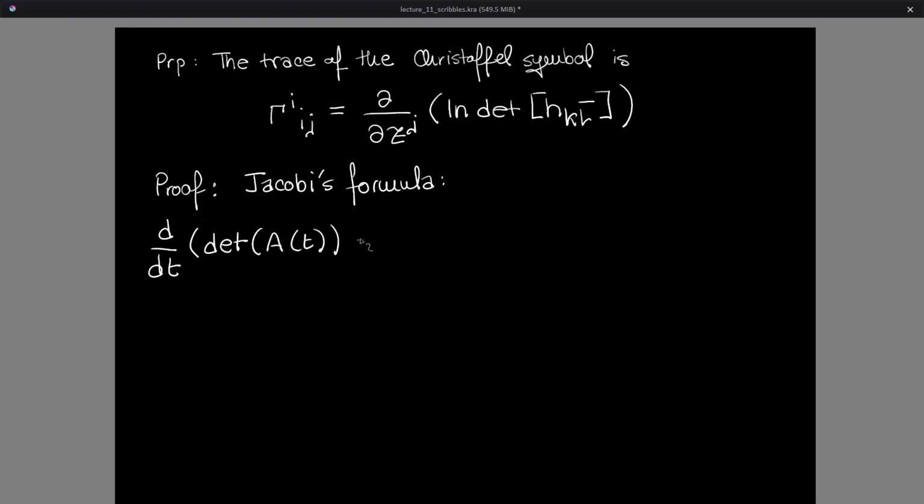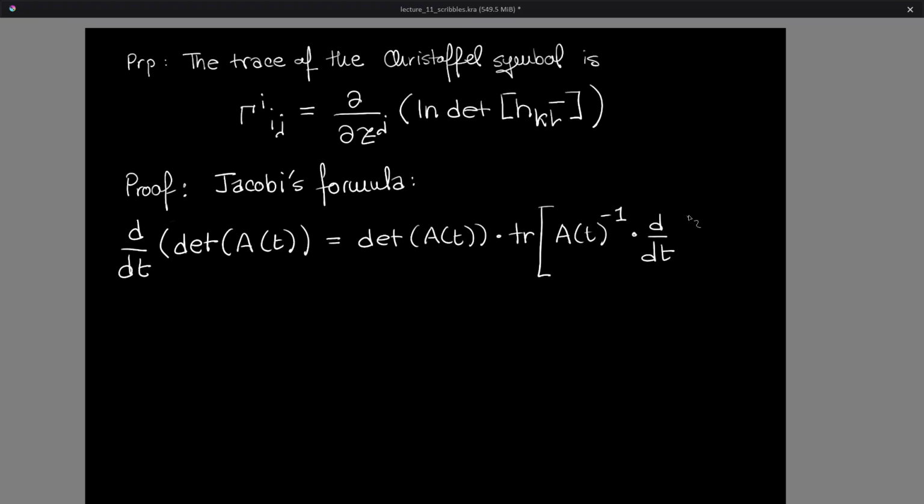This is then equal to the determinant of the matrix A of t multiplied by the trace of A of t inverse multiplied by the derivative with respect to the parameter of the matrix itself.